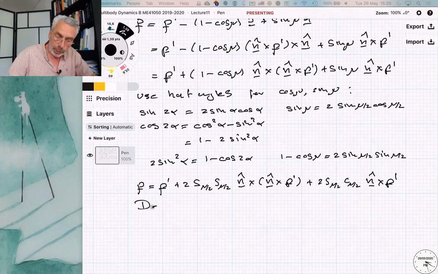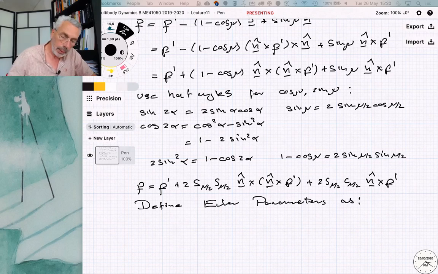Now Euler defines the following parameters. Define the Euler parameters as, I start with one parameter, a scalar, and that's the cosine of mu over 2. Here we see this cosine mu over 2. For the rest, that's the only place.